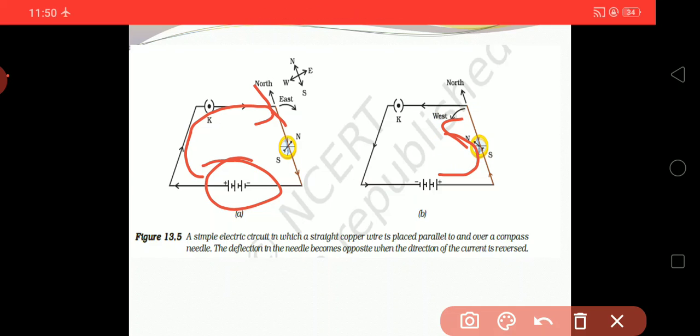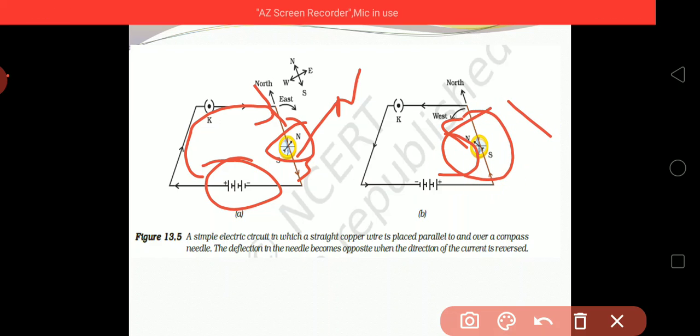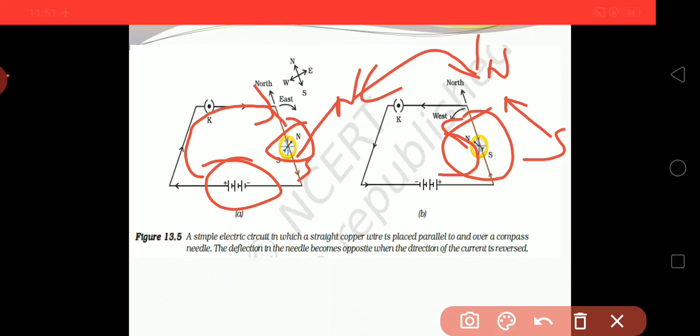In both cases you can see that north and south are placed this way, south and north, but in the other they are the opposite way, north and south, which is totally reverse from each other. So if the direction of the electric current is different, then we get a different direction of the needle.